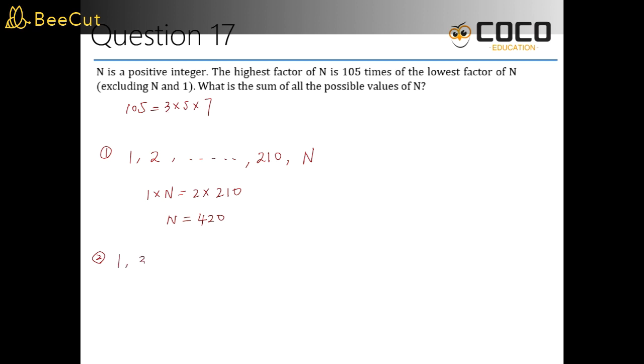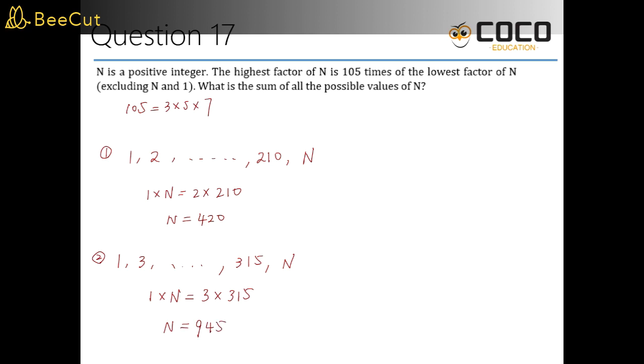So there's 1, 3, 3 times 105, that's 315. That's the second largest. So the smallest times the largest equals the second smallest times the second largest. N equals 945.